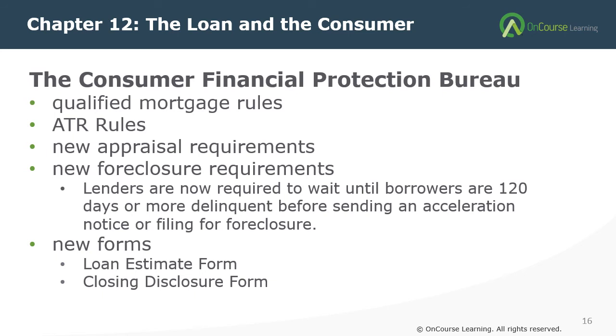However, let's back things up and look at the Uniform Residential Loan Application. There is an example of that in your textbook, and you can go through all the different parts, but I'm just going to hit on some of it.